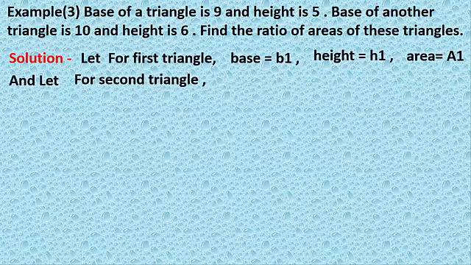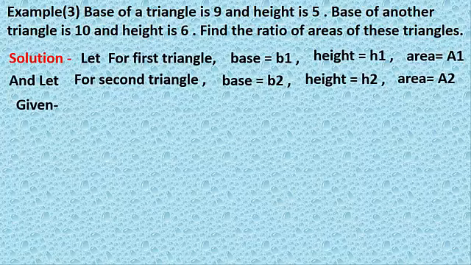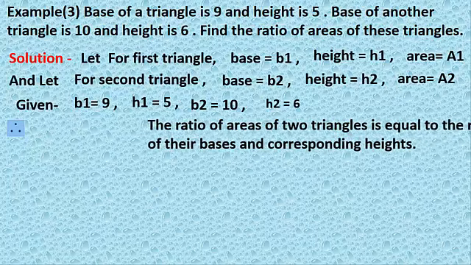Given, what is given here? Value of B1 is 9, value of H1 is 5, value of B2 is 10, value of H2, height of another triangle, is 6. Therefore, we can use here the property, the ratio of areas of two triangles is equal to the ratio of product of their bases and corresponding heights.